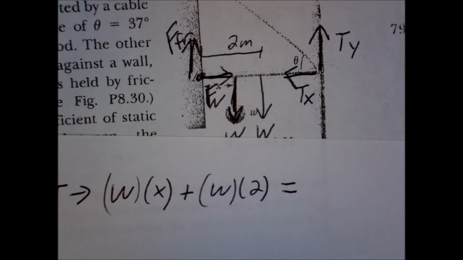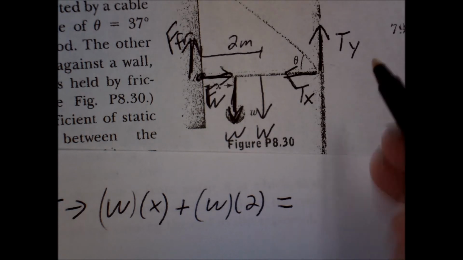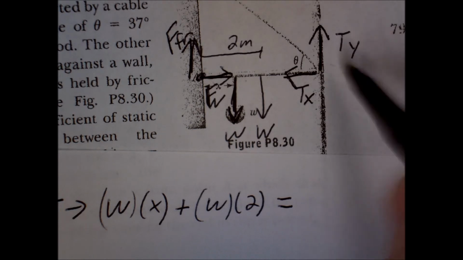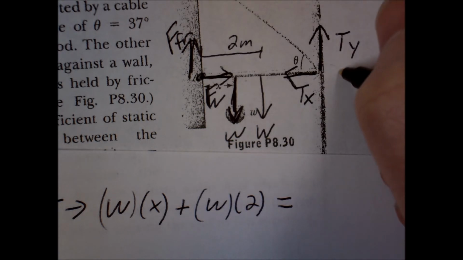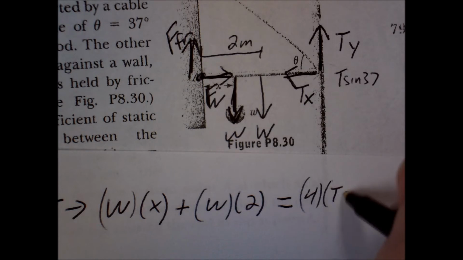That should equal Ty times 4. We can go ahead and fix Ty if we want. What's Ty going to be? T sine 37. So 4 times T sine 37.